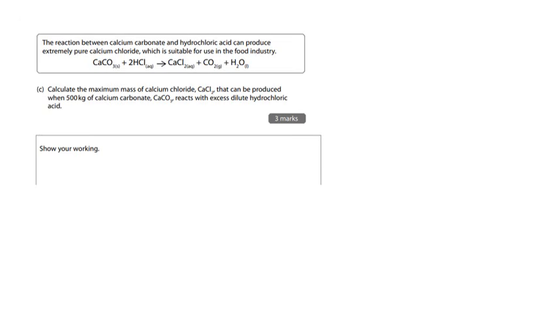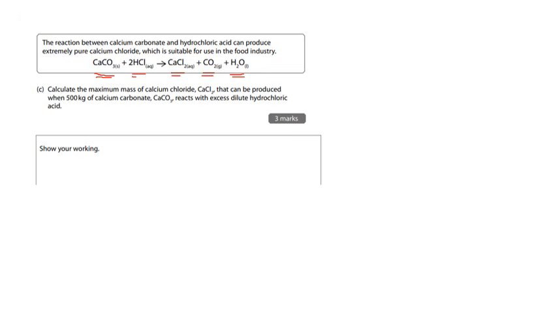The reaction between calcium carbonate and hydrochloric acid can produce extremely pure calcium chloride, which is suitable for use in the food industry. So look at this. You've got calcium carbonate, CaCO3, plus hydrochloric acid gives CaCl2, plus carbon dioxide, CO2, plus H2O.